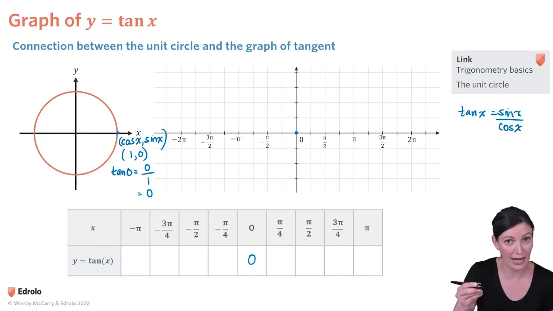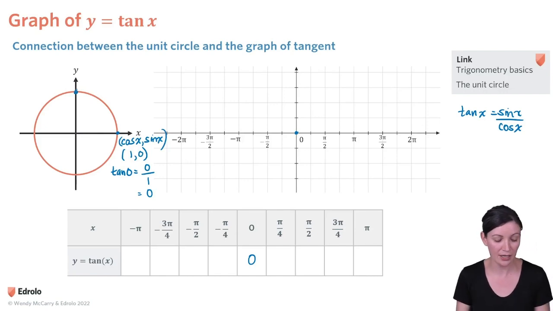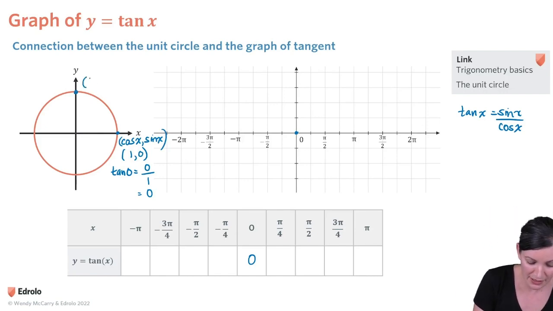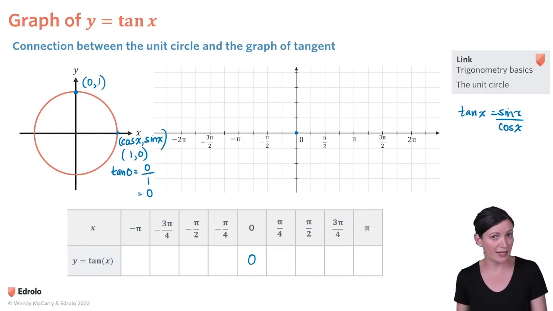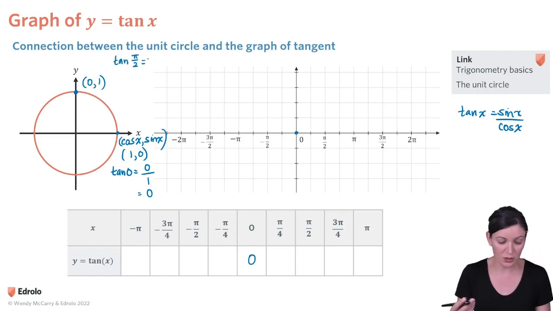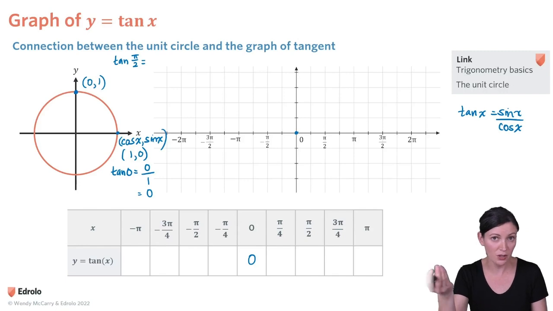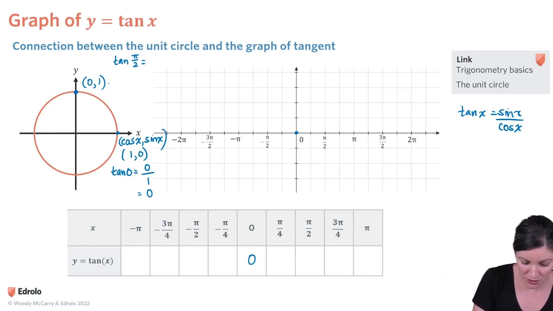Okay, I'm going to skip now up to the angle pi on 2. So this point here is the point 0, 1. So what happens when we try to calculate now the tan of pi on 2? Well, that's equal to the sine of pi on 2 divided by the cos of pi on 2. So the sine of pi on 2 is 1 divided by 0.